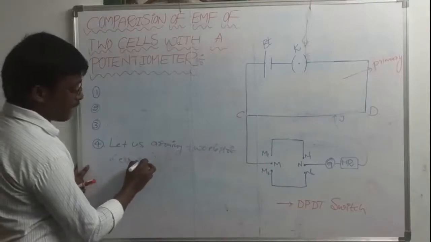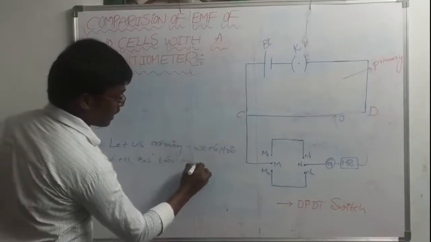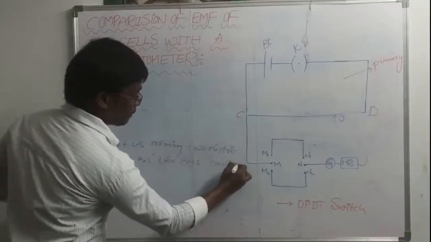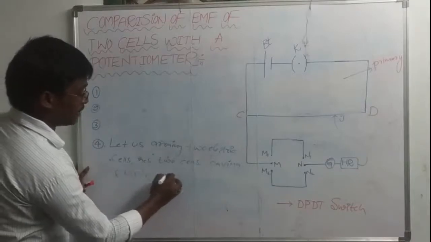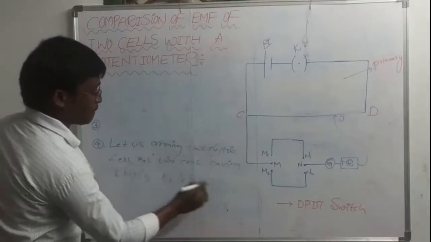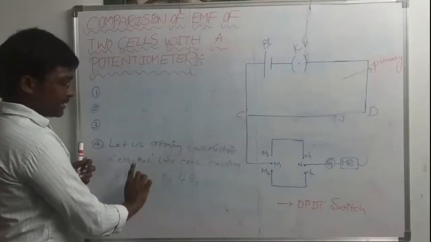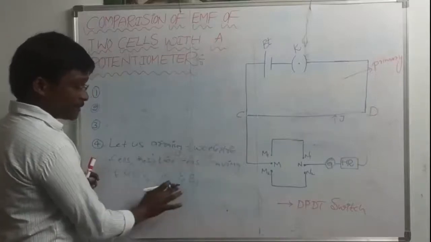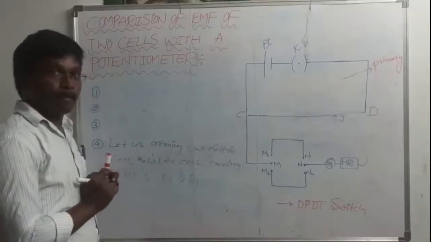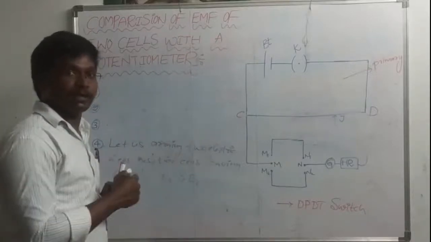These two cells having EMFs E1 and E2, where we are arranging these two electric cells in the DP-DT switch.